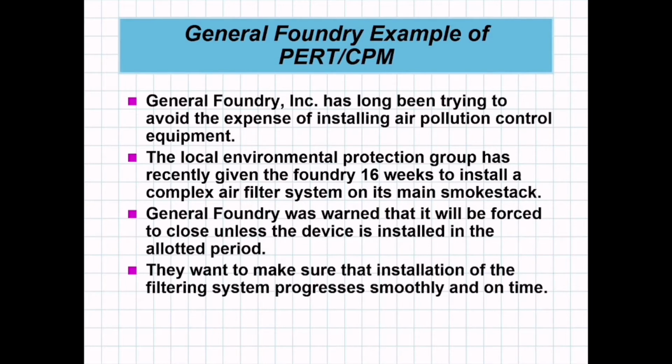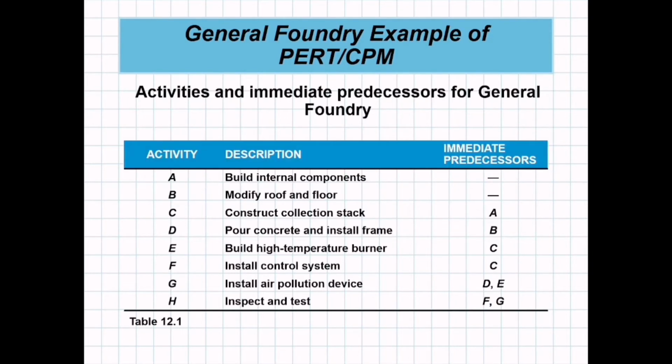General Foundry was warned that it will be forced to close unless the device is installed in the allotted period. They want to make sure that installation of the filtering system progresses smoothly and on time.